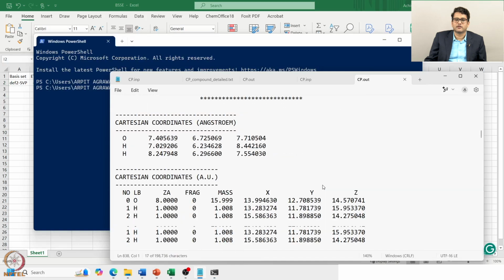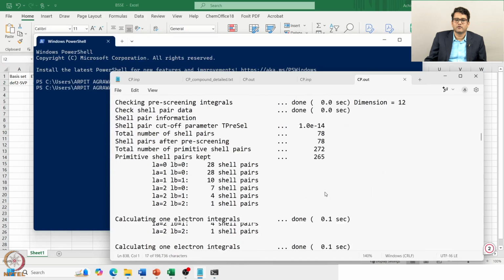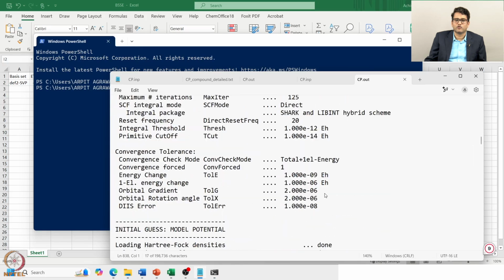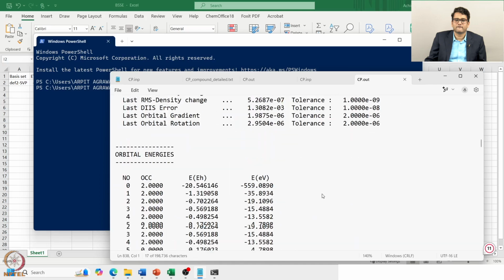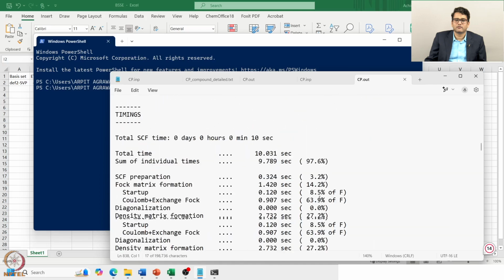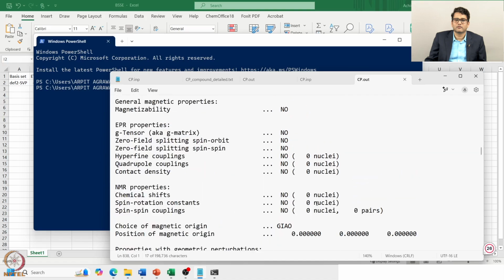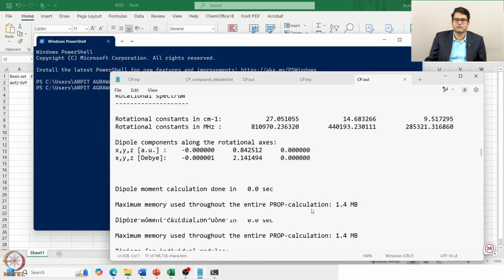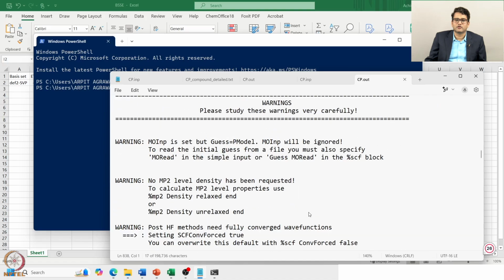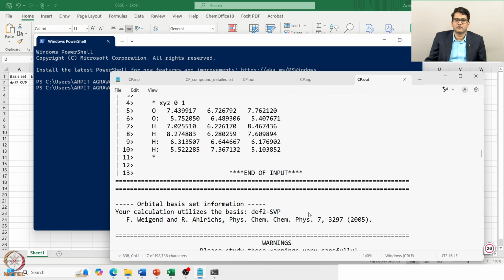So, this is the energy of A at the geometry of A. This is compound job 3.